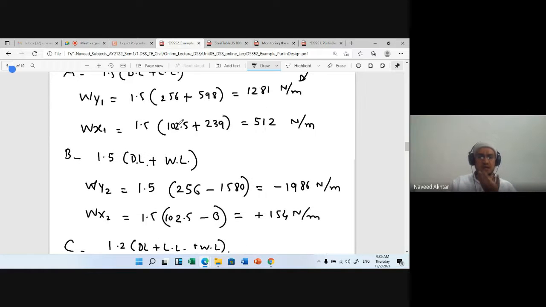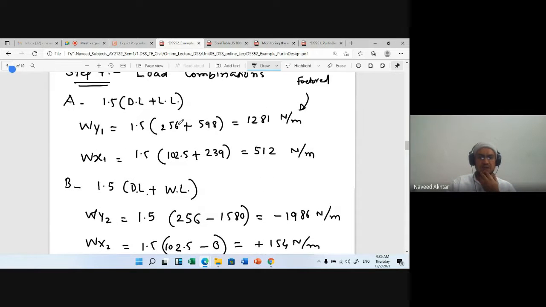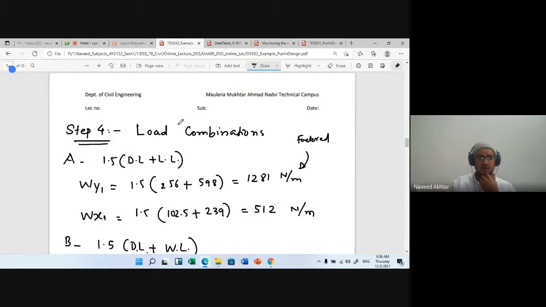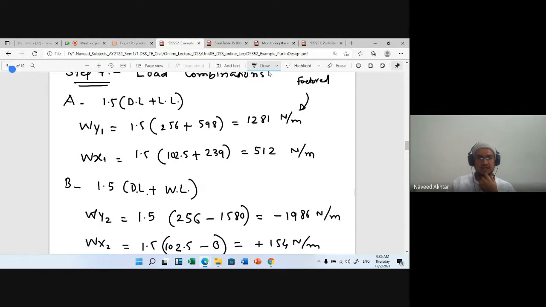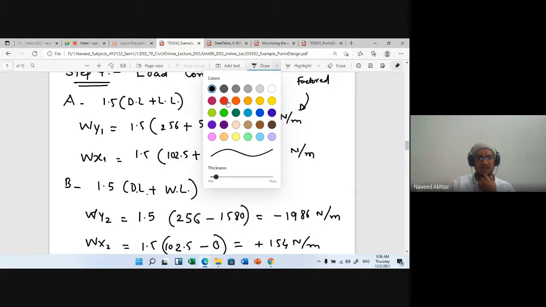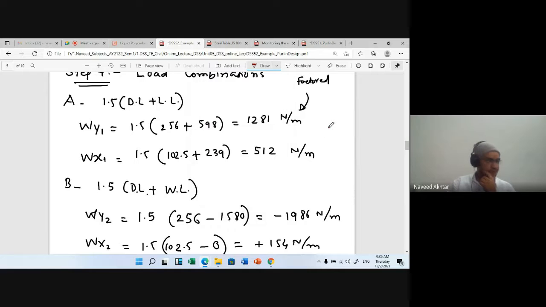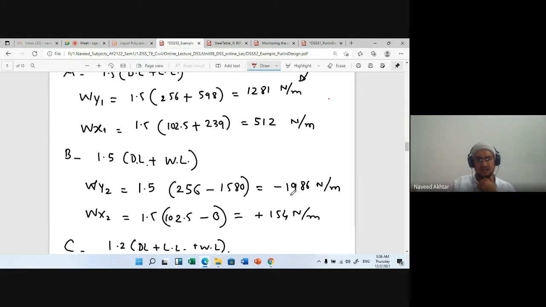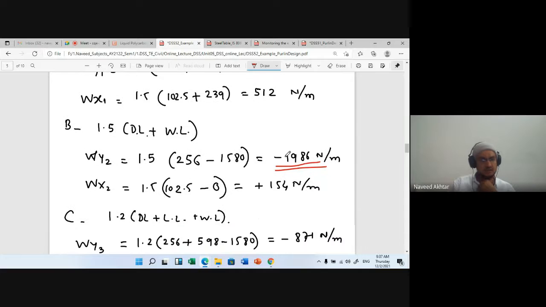You may take another combination as per your requirement. Here only three combinations we have taken. In that case, you have to find out the worst combination in x and y direction. If you see here, the maximum value for the loading in vertical direction is this y component, and maximum loading in horizontal direction is plus.